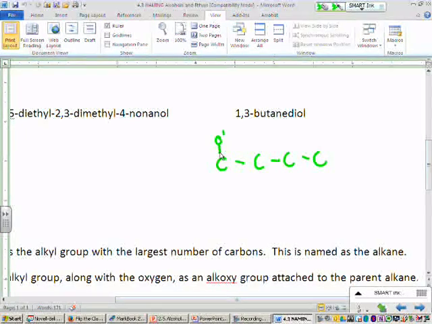One in the 1 position, OH, and one in the 3 position, OH. And let's finish our H's. H2, H2, there's 3 bonds there, so a single H, and H3. All right? Okay, so that's how we name and draw alcohols.